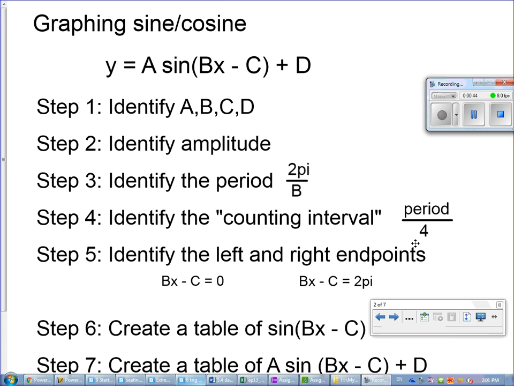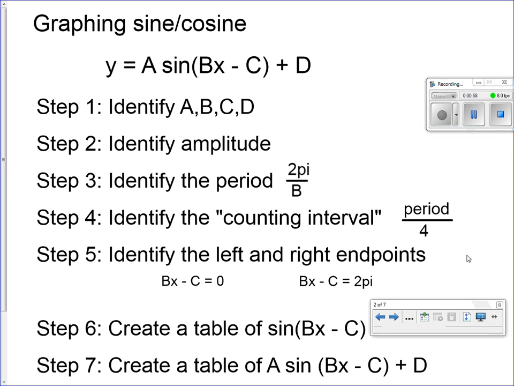Step four, identify the counting interval, which is period over 4. Step five, identify the left and right endpoints of our graph. Step six, create a table of sine bx minus c. Step 7, create a table of a sine bx minus c plus d.